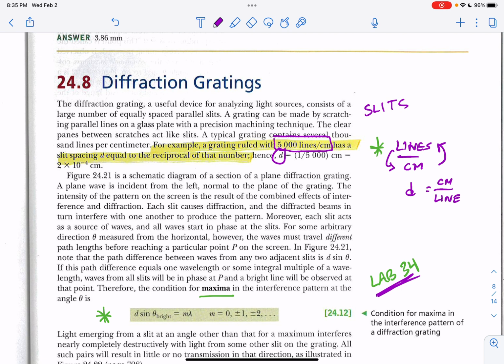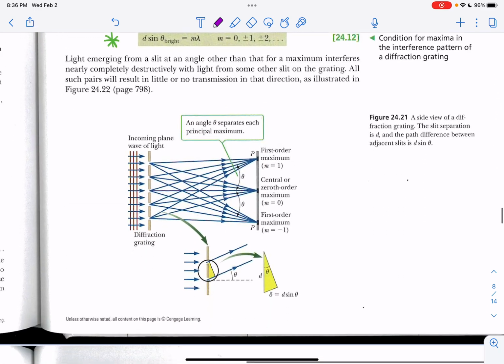And that's a key point, not only in Lab 34, but you're going to have one of these questions, math problems, on the test over chapters 22 through 24.